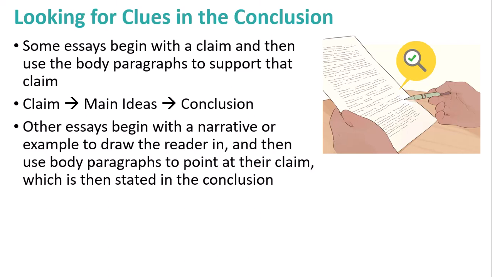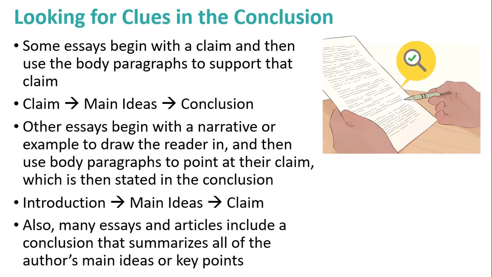Other essays might begin with a narrative, the way we saw with David Sedaris. It'll draw the reader in, and then they'll use the body paragraphs to imply their claim, which is then stated in the conclusion. So here you'd have introduction, main ideas, and then the claim in the conclusion. In either case, it's a little bit easier to see those main ideas in the conclusion sometimes.